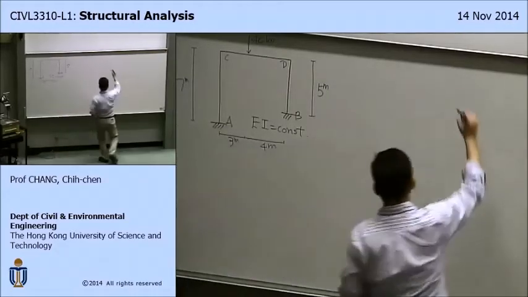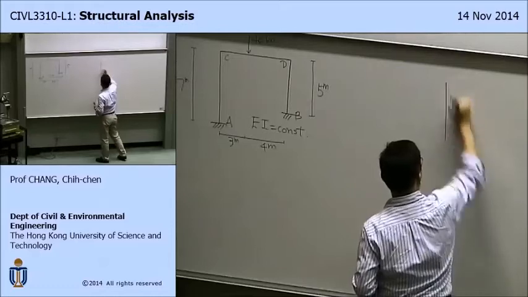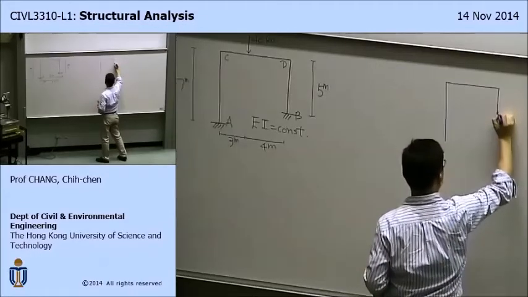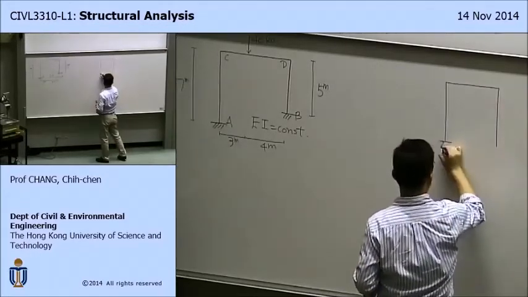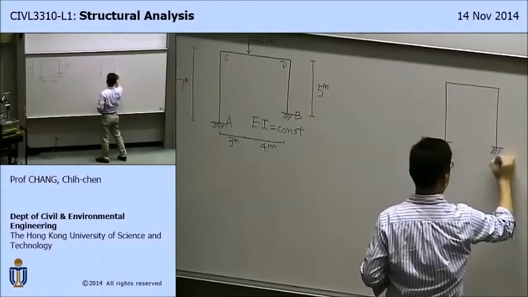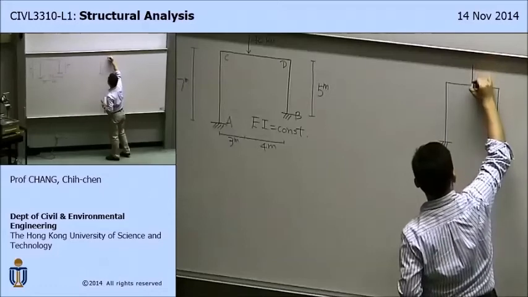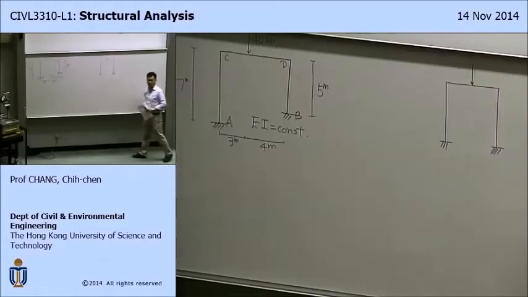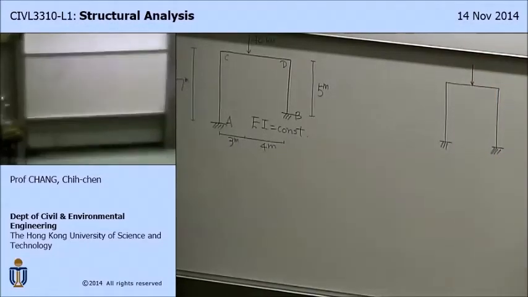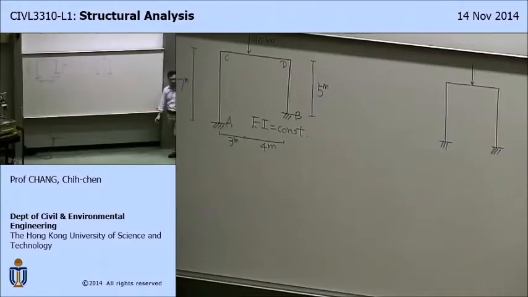All right, so now if this is a symmetrical structure, and I have a loading like this, the loading is symmetrical, right? Structure is symmetrical, so the deformation has to be symmetrical. No choice. Structure symmetrical, loading symmetrical, deformation has to be symmetrical.